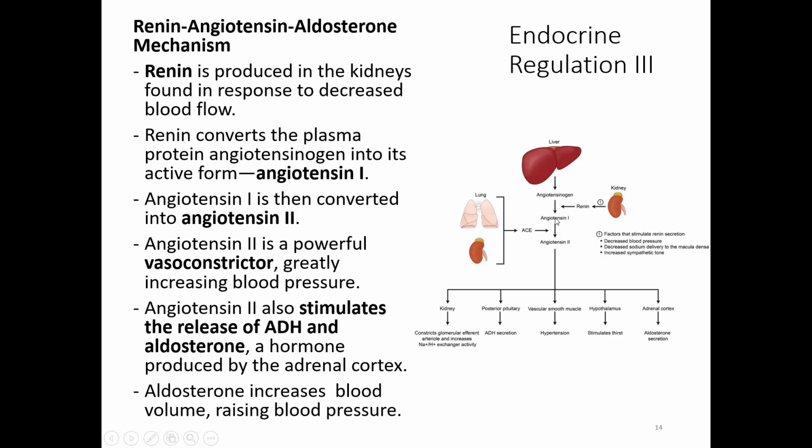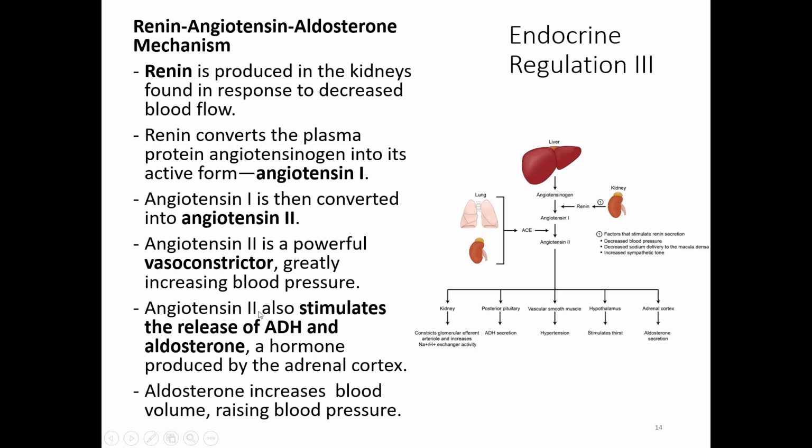Soon after that, angiotensin 1, again, it's happening in the blood, will be converted into angiotensin 2 under the influence of special enzymes, ACE, produced mostly in the lungs. And angiotensin 2 is a very powerful vasoconstrictor. So it causes constriction of blood vessels, increasing blood pressure.